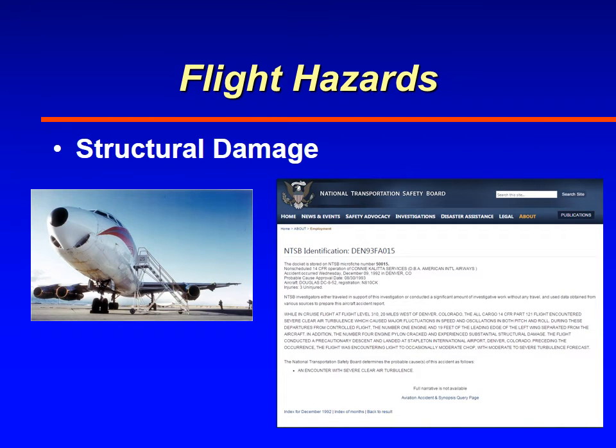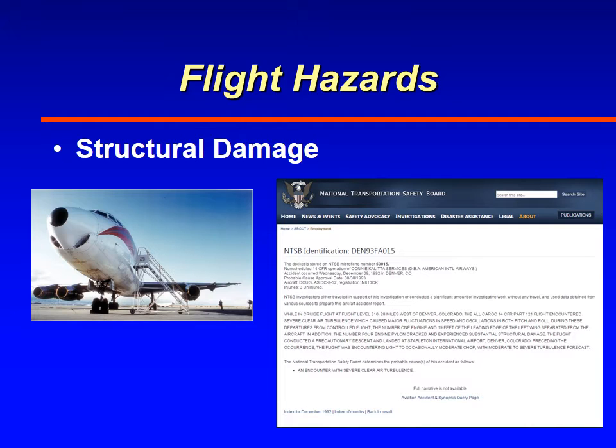And then, of course, structural damage. We've gone through in the introduction to turbulence the structural damage that can happen to aircraft, and it does happen in mountainous areas also. Here's a specific case of a DC-8 that was flying over the Colorado Rockies west of Denver. It experienced not moderate, but severe to extreme turbulence, clear air turbulence.